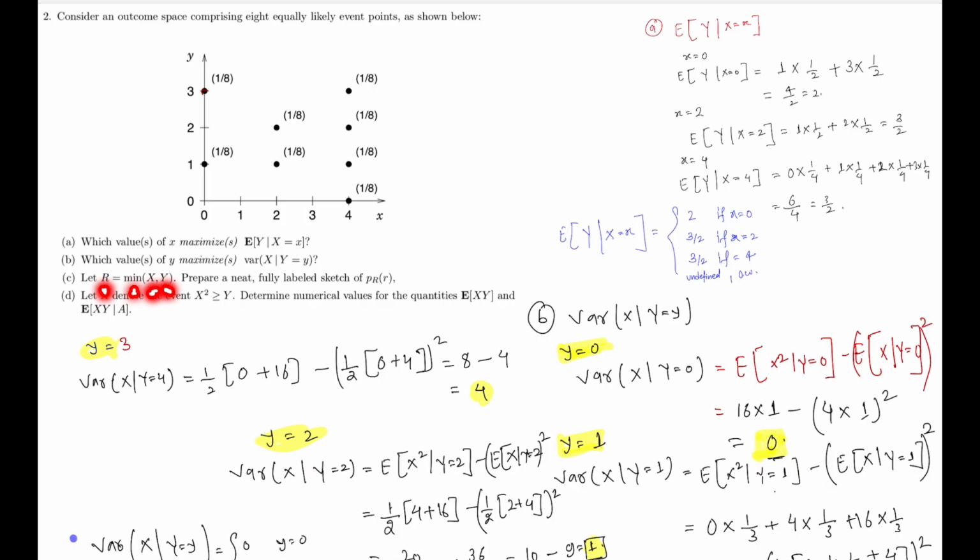So for example, let's say we are talking about this case, so here x is 2 and y is 1, so the minimum of this is 1, right? So r will take the value 1, right? So this is the new random variable that we have defined, right?